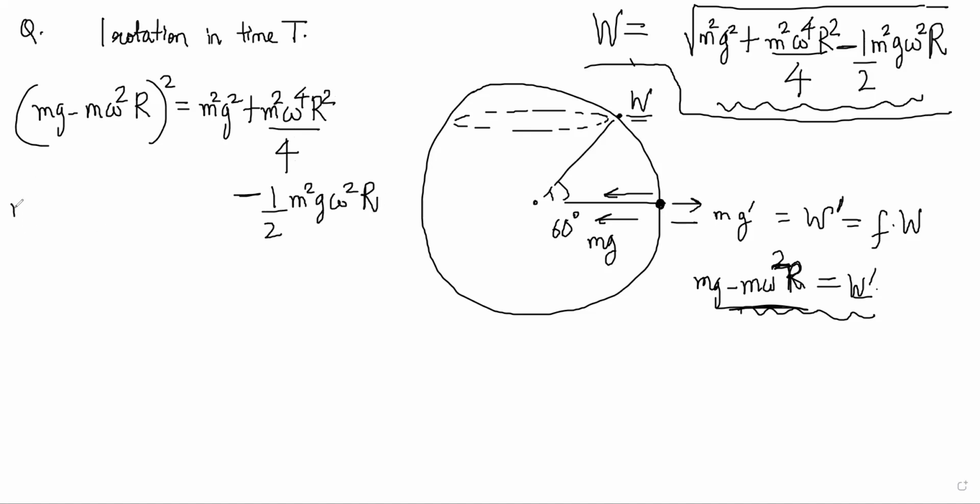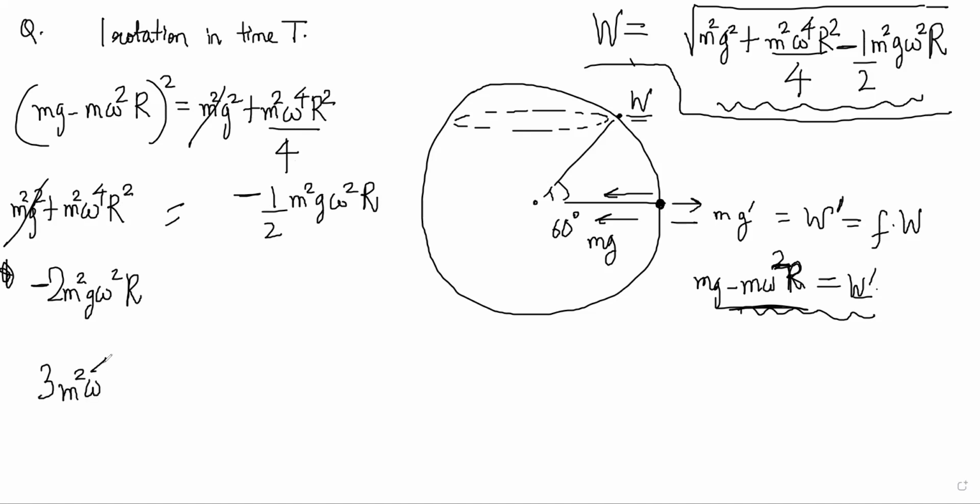So m square g square here plus m square omega power 4 r square minus 2m square g omega square r, right, is equal to this. This cancels this term. This comes this side, it becomes 3m square omega power 4 r square by 4 is equal to this goes this side, 2 minus half.